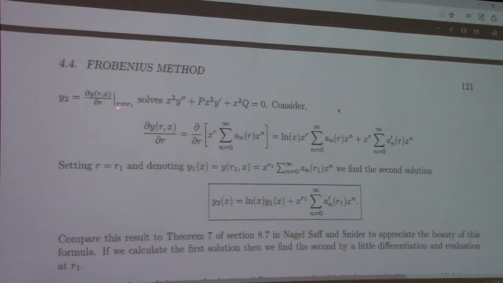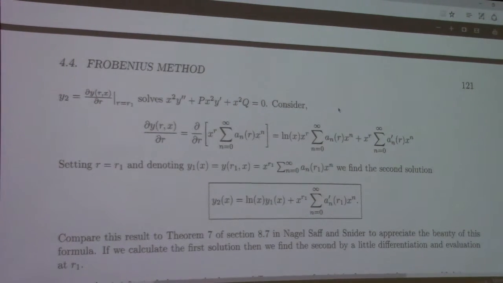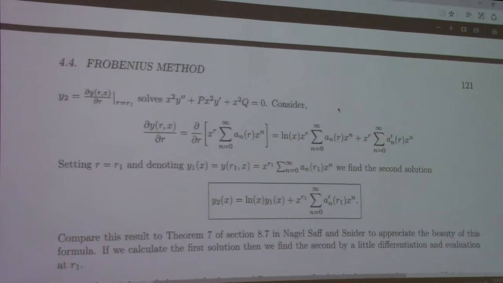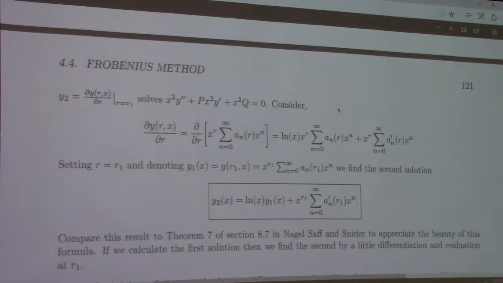Anyway, y2 is partial y partial r, then set r equal to r1. That's what I'm saying from that general derivation. That's going to be another solution, supposing that we have an indicial equation with repeated root r1. So you take the r1 Frobenius solution, and I differentiate with respect to r, which basically means differentiating with respect to r1.